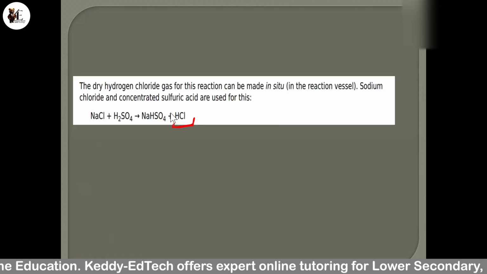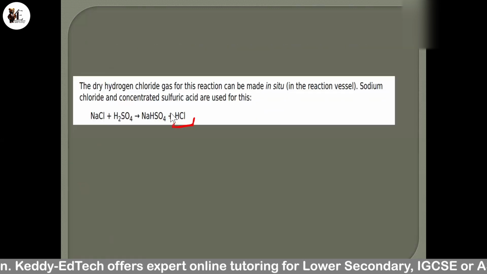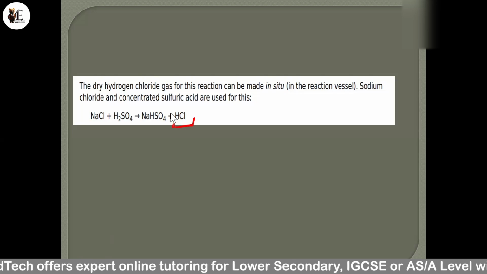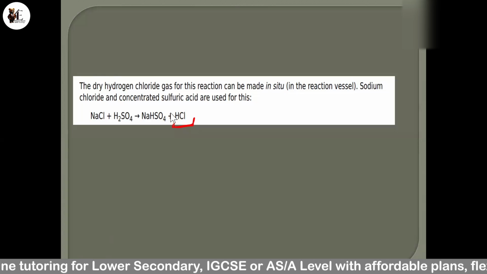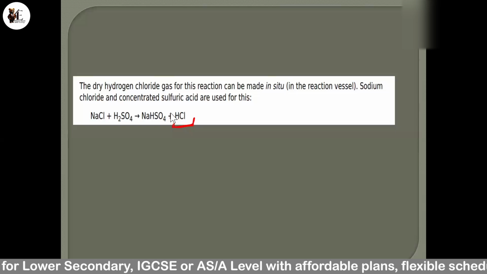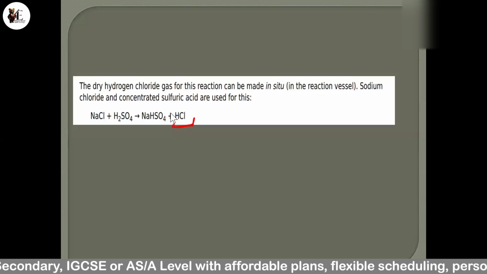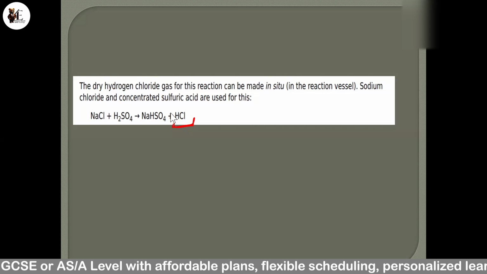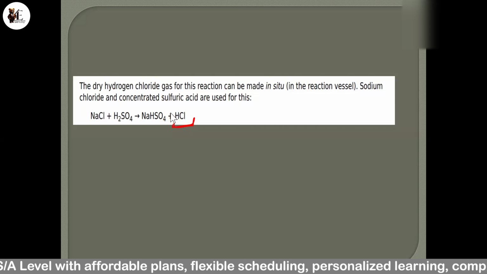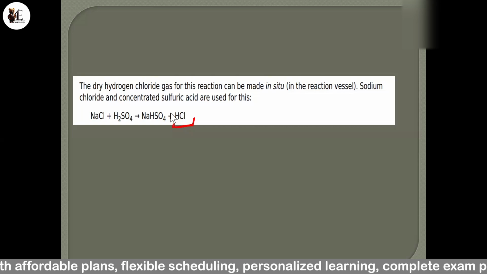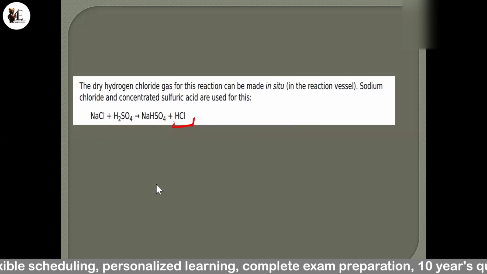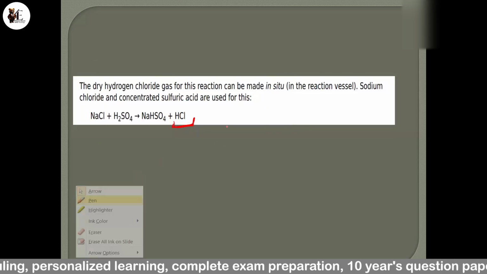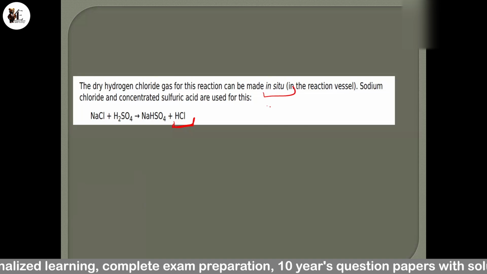When sodium chloride reacts with sulfuric acid, we get sodium hydrogen sulfate plus this gas which is used in the preparation. In situ means in the reaction vessel, within the reaction mixture.